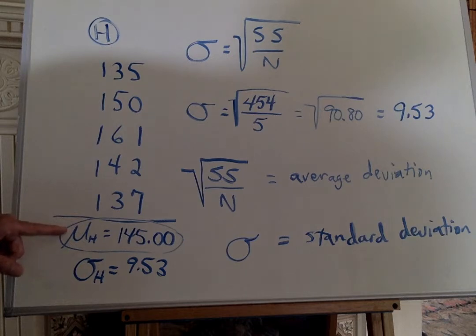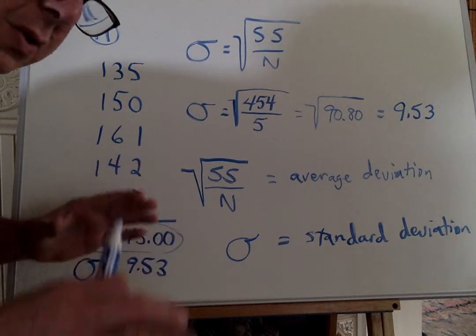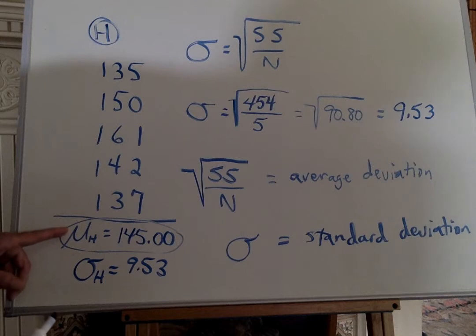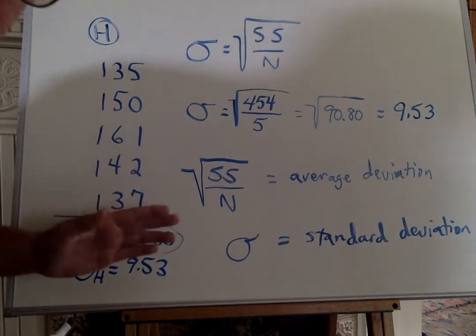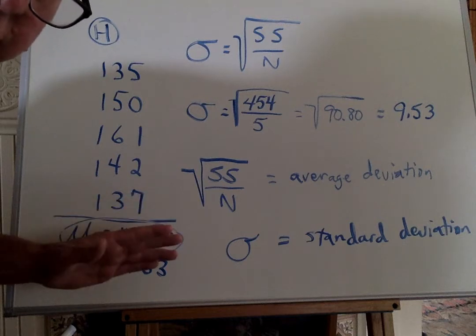Okay? This says the mean is 145, and if we have a nice normal curve, this should be a measure of central tendency. This is a measure of variability. This is a measure of central tendency, the mean. This is a measure of variability, standard deviation. Now, sum of squares was a measure of variability as well.